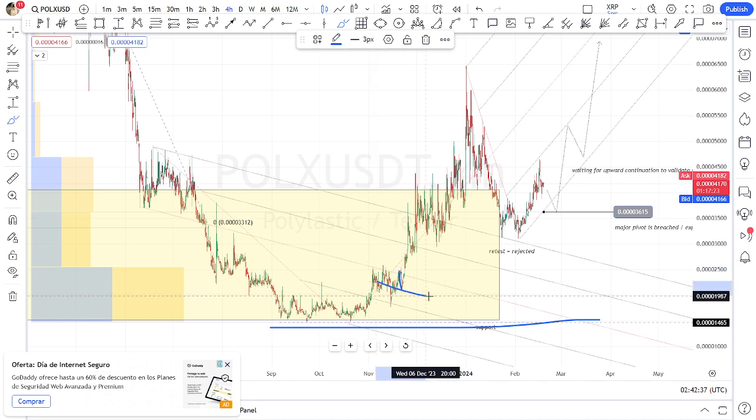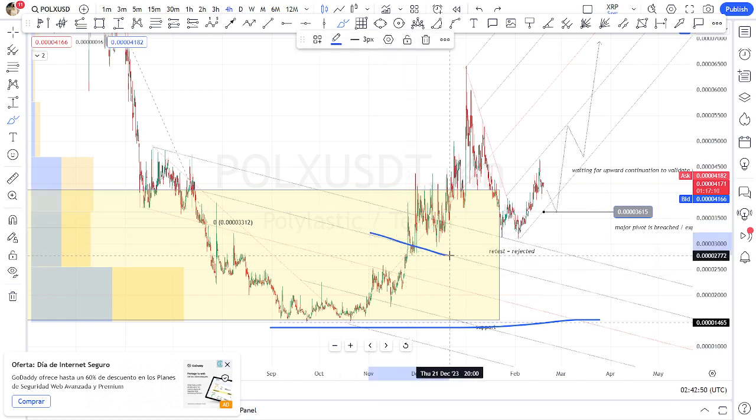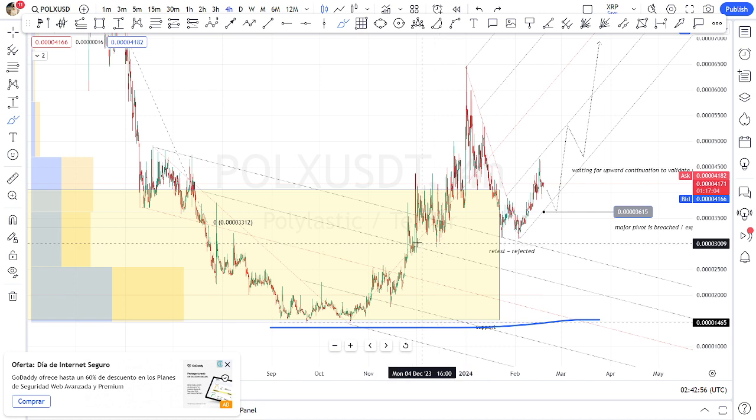Somehow it did hold somewhere here, and it managed to recover and drastically rally and break the upper 50% of the upper resistance line. So it pierces the resistance, but as expected, the bears show up in this area.